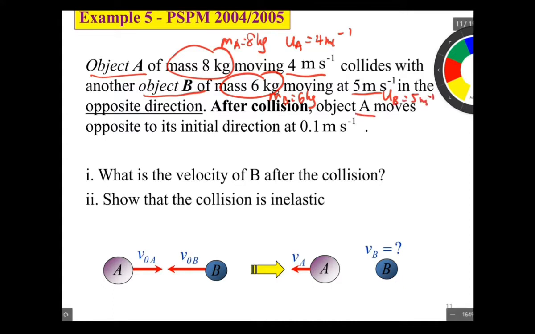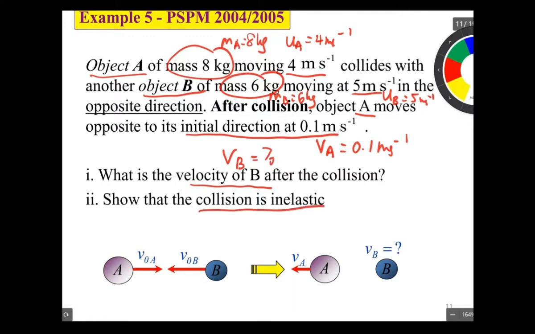And object A move opposite direction, initial direction dia. So ini adalah VA dia, 0.1 meter per second. Question 1, dia tanya, what is the velocity of B, VB, after collision? And show that the collision is inelastic collision.